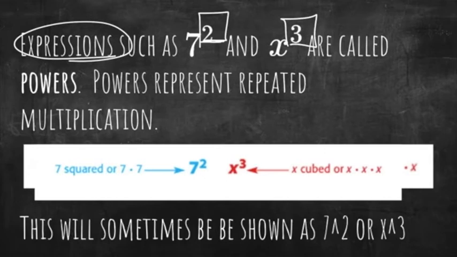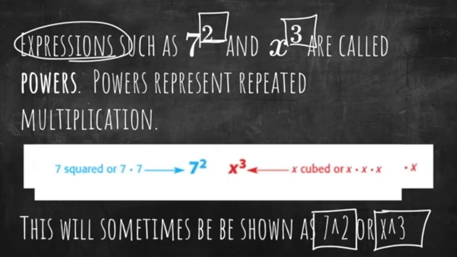X to the third power, or x cubed, is shown as x times x times x. Sometimes powers are shown like 7 to the 2, or x to the third. This is simply done just for formatting using a computer. But that all means the same thing as a power.